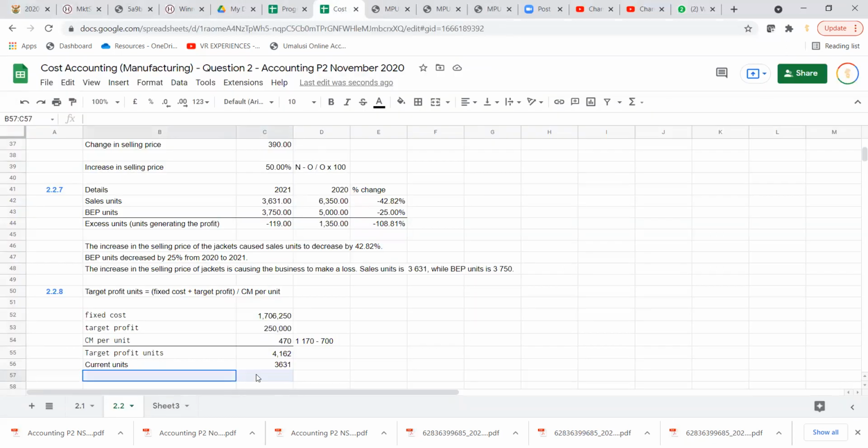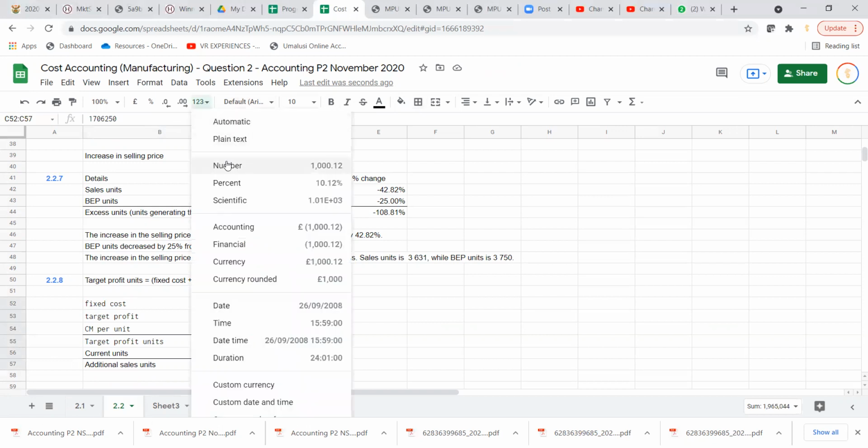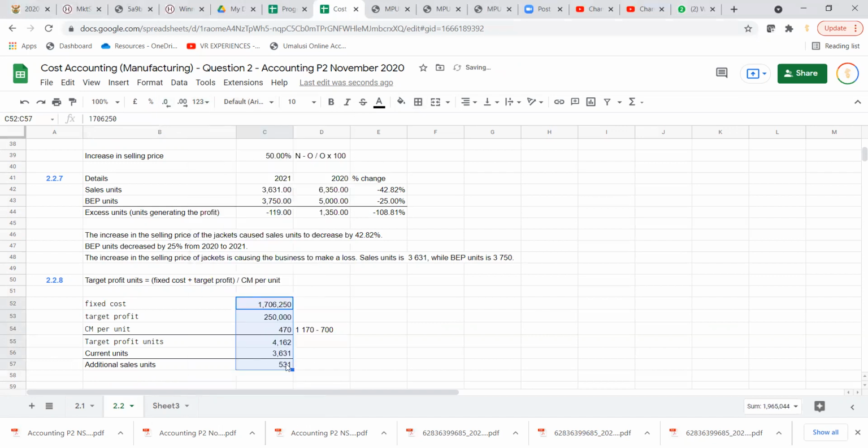So therefore, additional sales units should be 4162 minus 3631. Okay, so the additional units is 531 units.